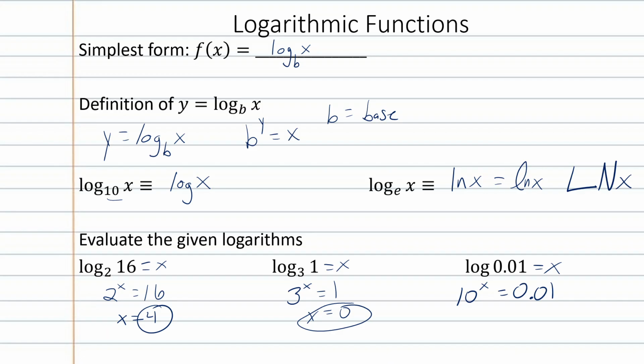We're looking at 2 decimal places, correct? And if we were to raise 10 to 2 decimal places, what will we get? We should get the 0.01. So X here should equal negative 2. Like I said, you can always check it on your calculator.